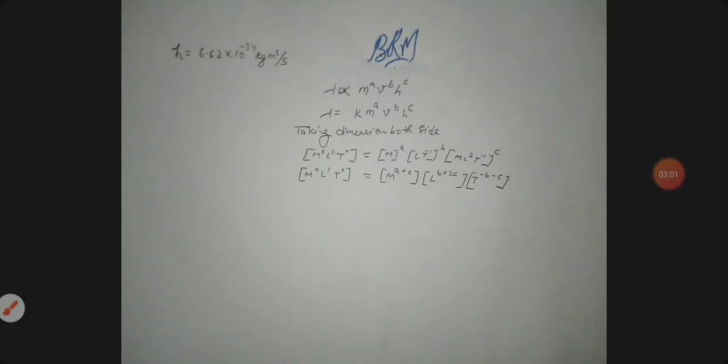Now by calculating them we can see that M is coming two times. M is in this square bracket and this square bracket, and therefore it will be M to the power a plus c. L is also in two square brackets, and therefore it will be L to the power b plus 2c.